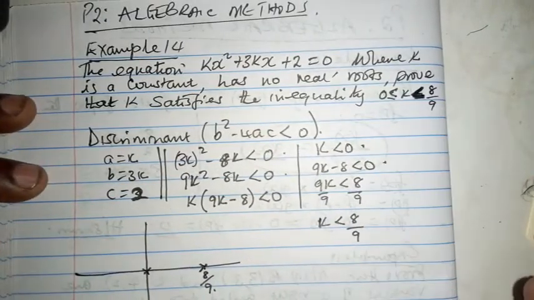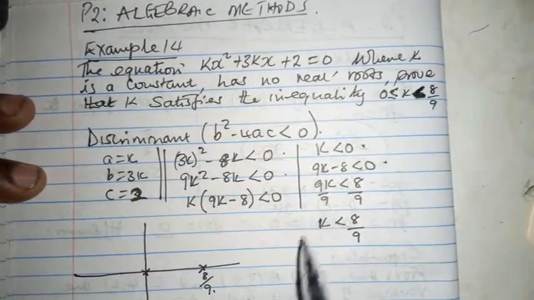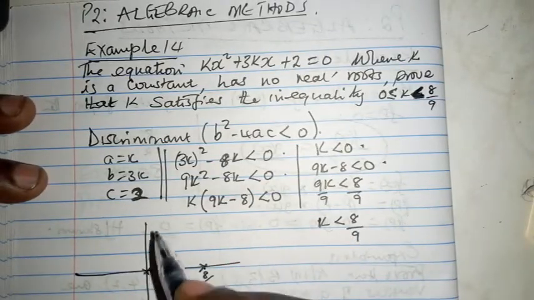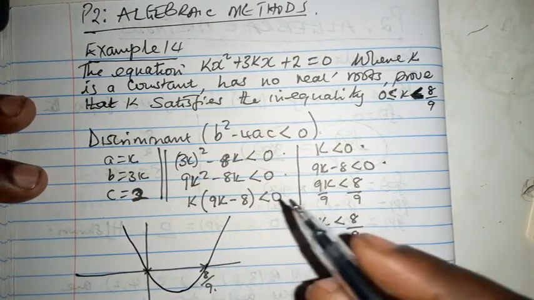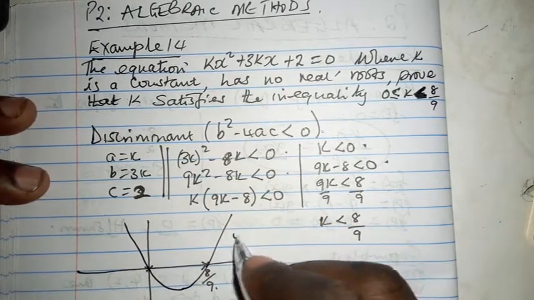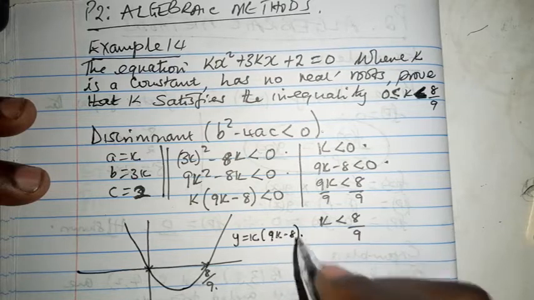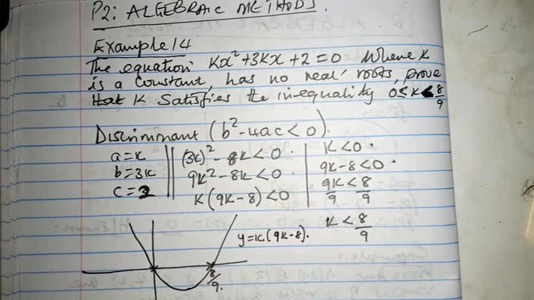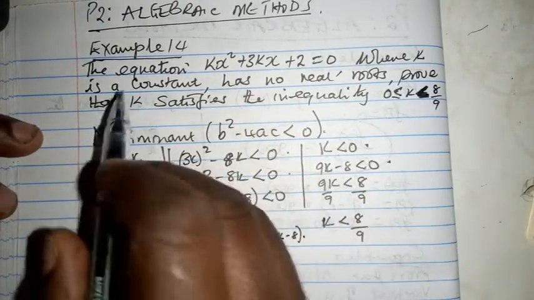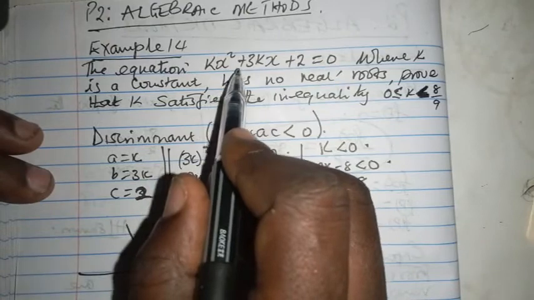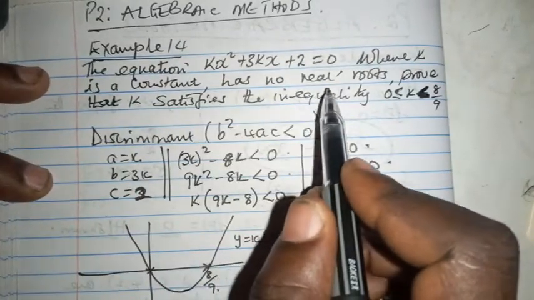And now that you can see the value of k is positive, it means therefore we have a graph that is U-shaped. And this is the graph of y equals k times 9k minus 8. Now, let us go back to examining our question. The equation kx squared plus 3kx plus 2 is 0, where k is a constant, has no real roots.